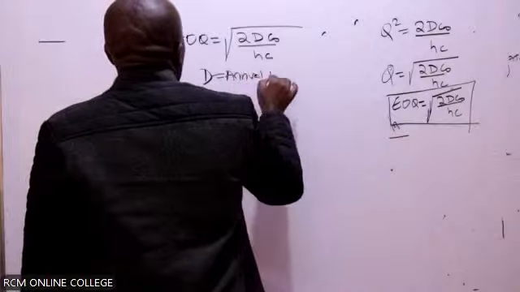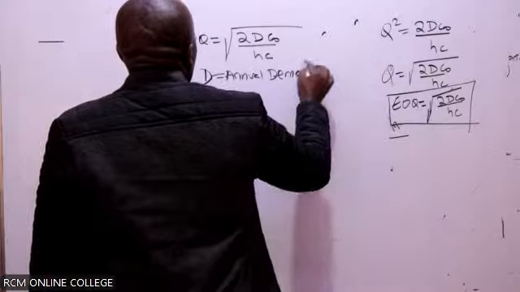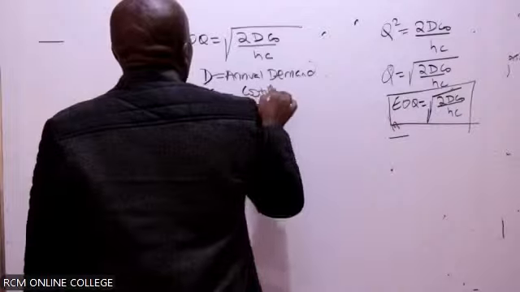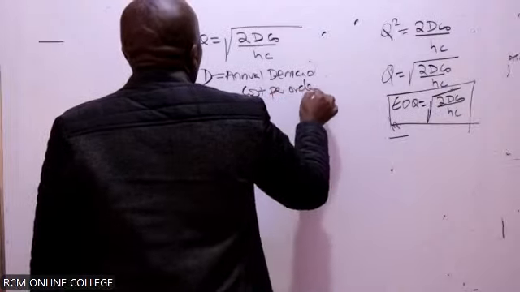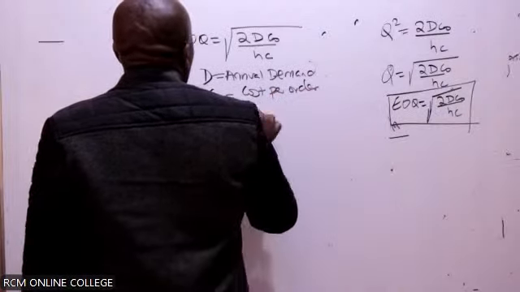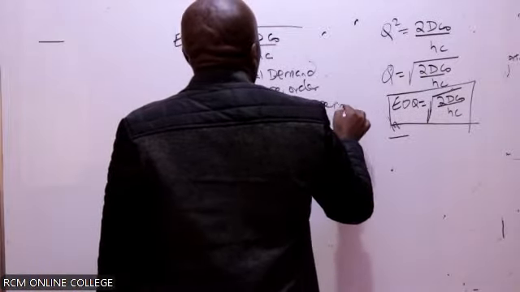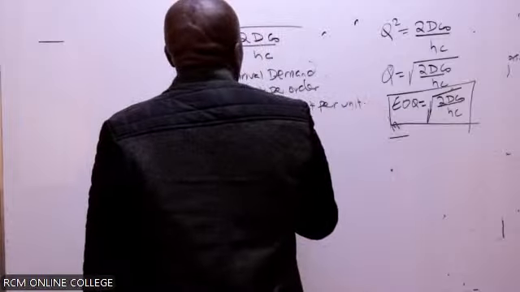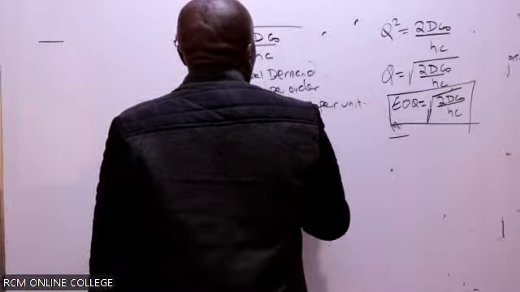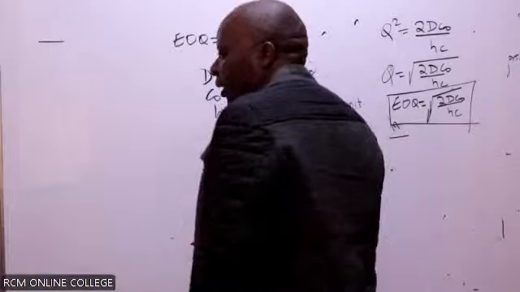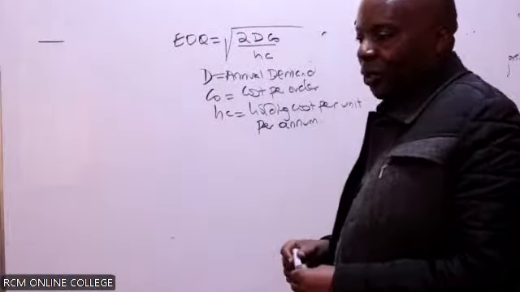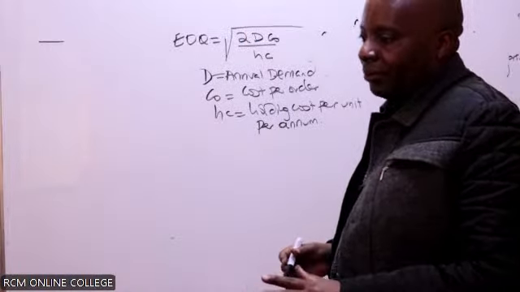CO is cost per order. HC is holding cost per unit per annum.